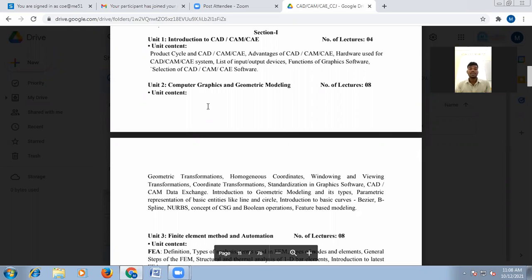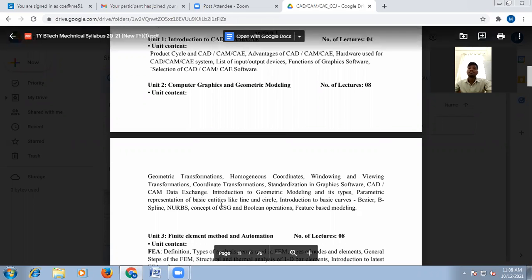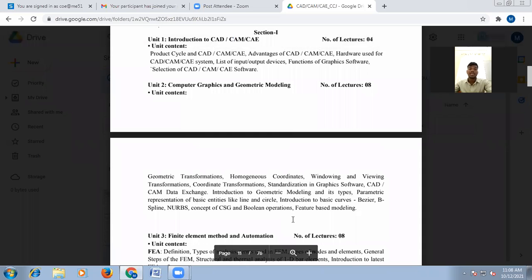Those steps we'll see in this chapter, actually how to start to model any geometry. Okay, and its types, then parametric representation of the basic entities, like we will start from the basics, like line, circle, then ellipse. Okay, so like this we can introduce different types of curves. Curves means like a Bezier curve, a spline, NURBS.